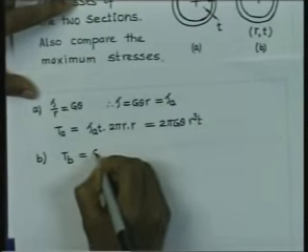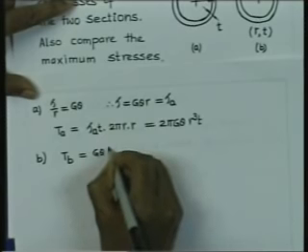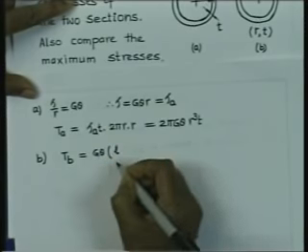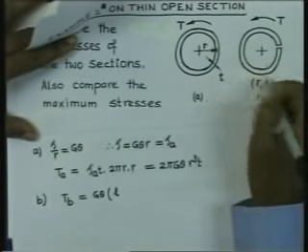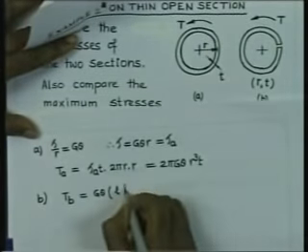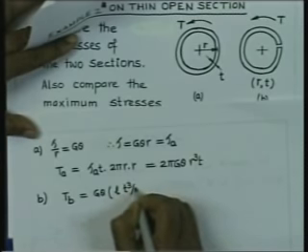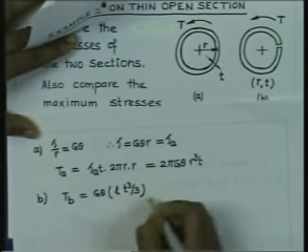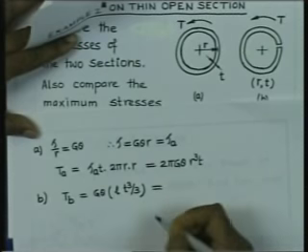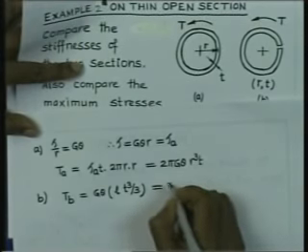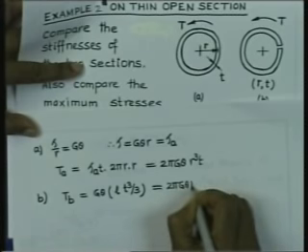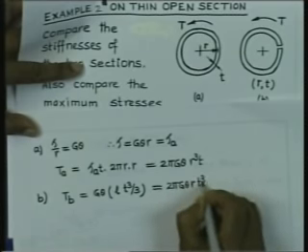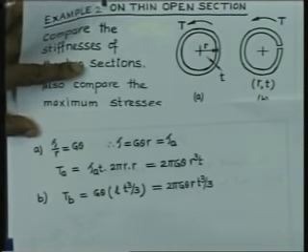So, we can write G theta multiplied by L, the total length of the circumference, t cube by 3. It is a simple application of the formula that we have derived for thin rectangular sections, and that gives us 2 pi G theta r t cube by 3.